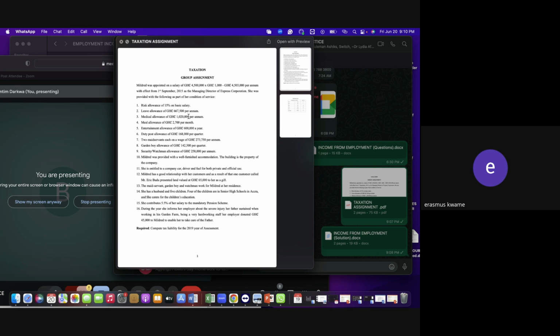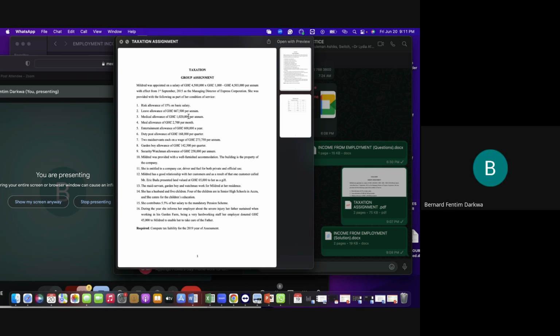She was provided with the following as part of her condition of service. 1. Risk allowance of 15% on basic salary. 2. Leave allowance of 667,500 Ghana cedis per annum.